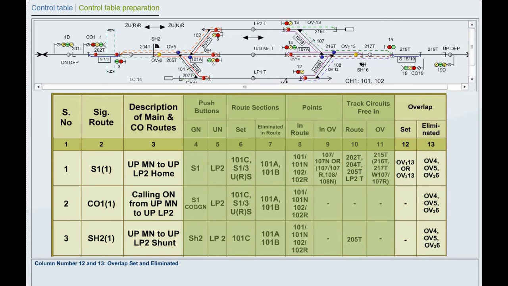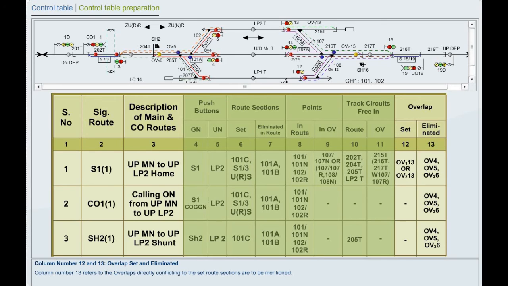Column number 12 and 13. Overlap set and eliminated. Column number 12 refers to overlap sections required to be set for the signal given. For example, overlap OV14, or in case of alternate overlaps OV1 13, overlap OV2 13.